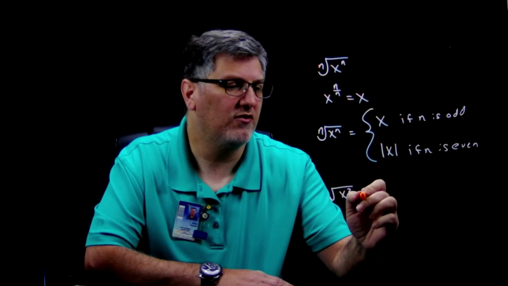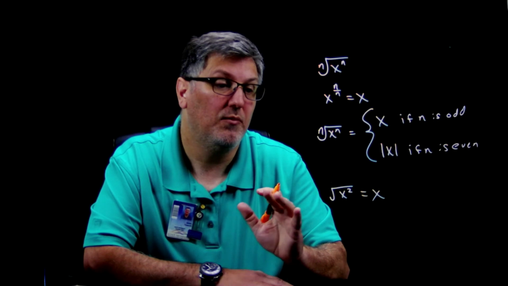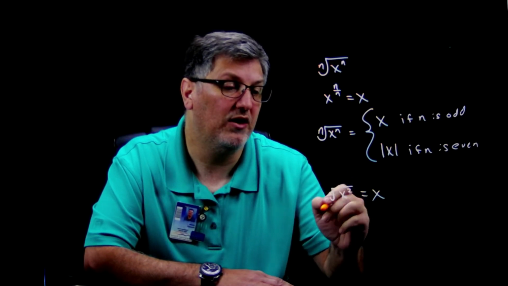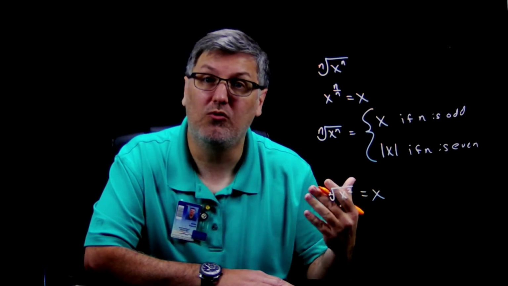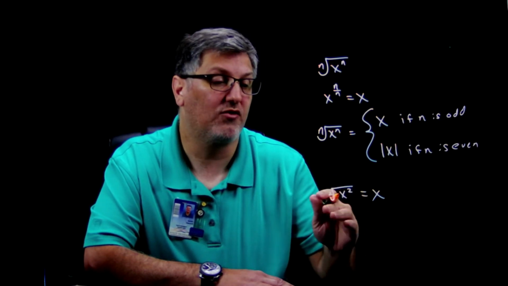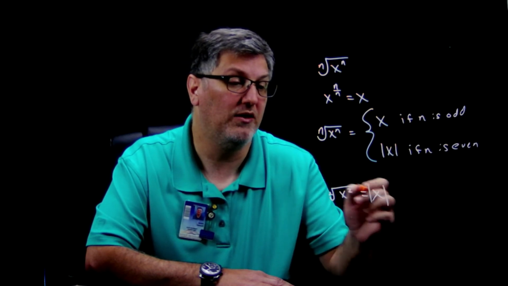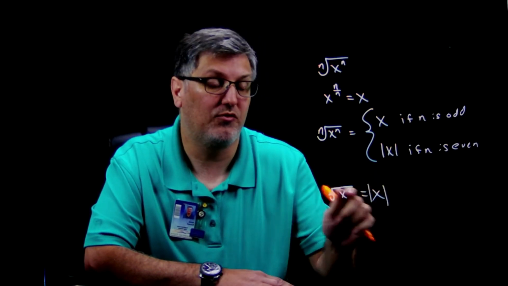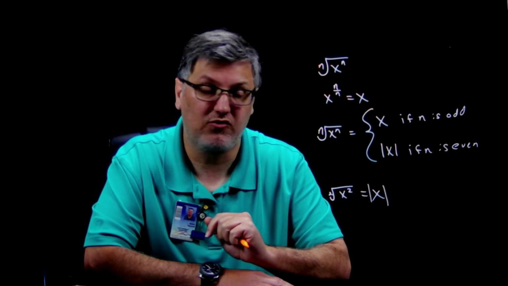A lot of kids are going to just say, well, that's x. But that's not the case, because in this case my n is 2. So we don't know if this is going to be positive or negative, and the square root of x squared is the absolute value of x.